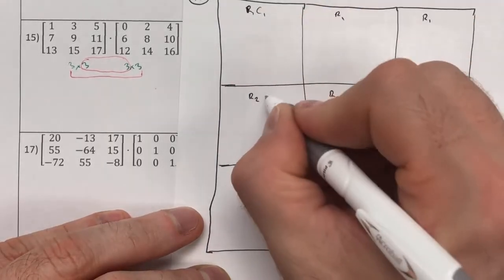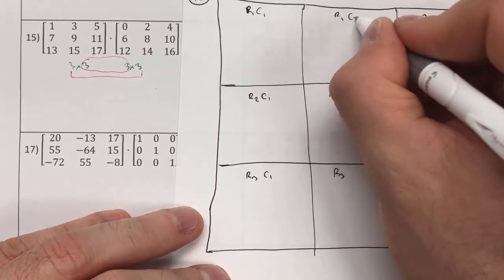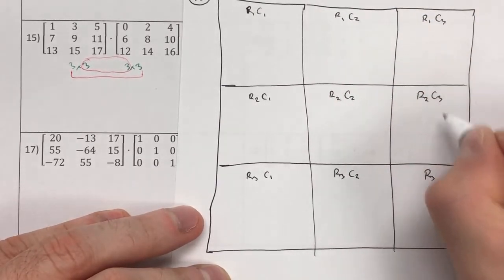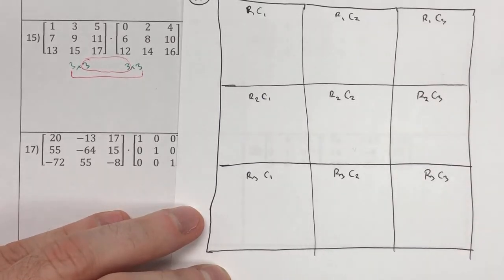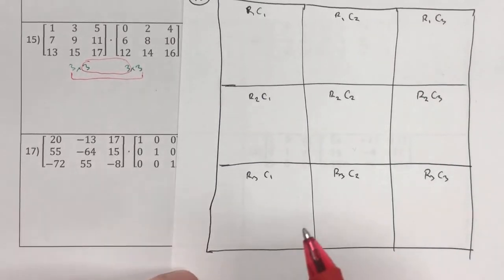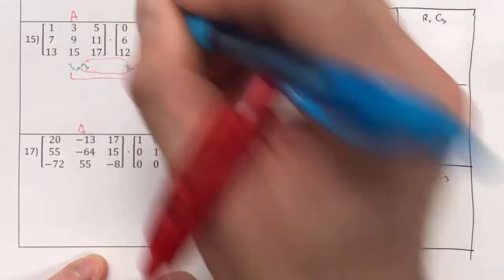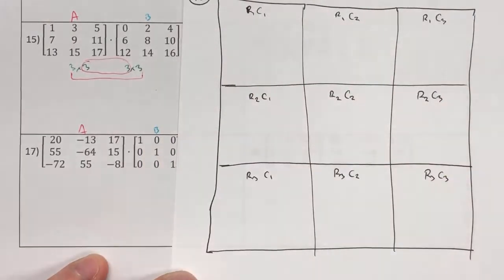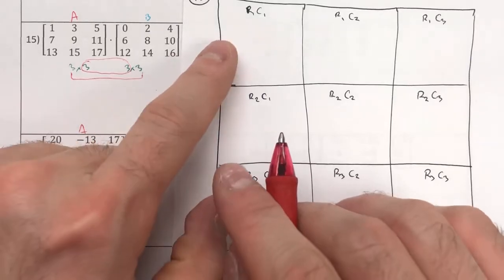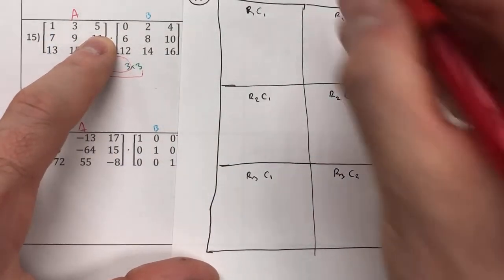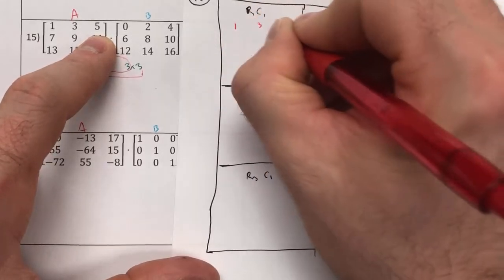I have column 1, column 2, and column 3. If I label these like I've been labeling them, with an A and a B, we can go ahead and label this B because we're going to do that next. If I have an A and a B, I'm going to put row 1, a 1, a 3, and a 5 in each one of these. So I have a 1, a 3, and a 5.